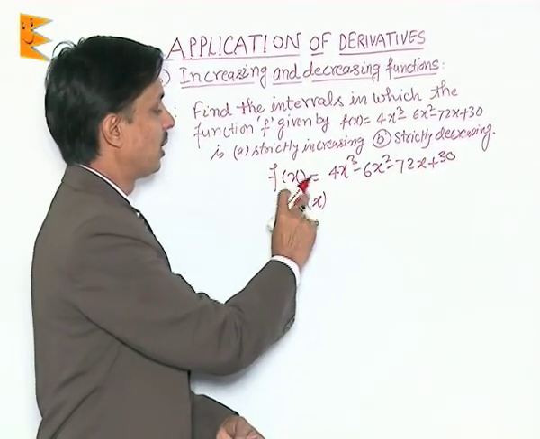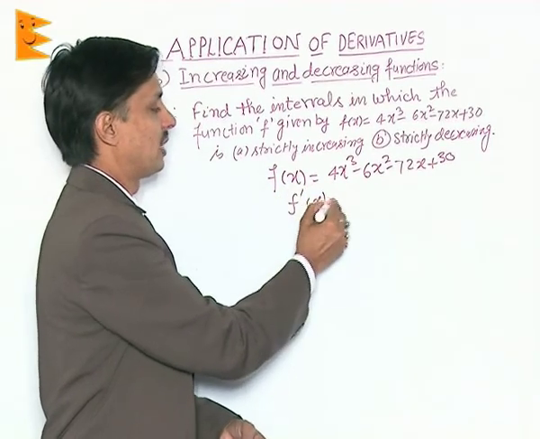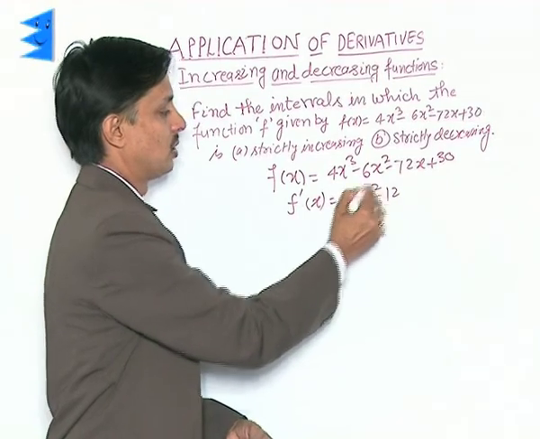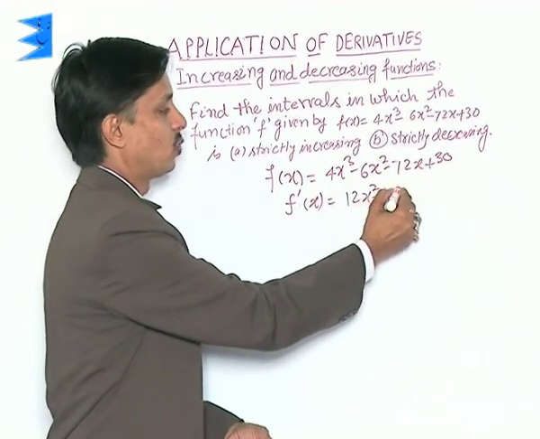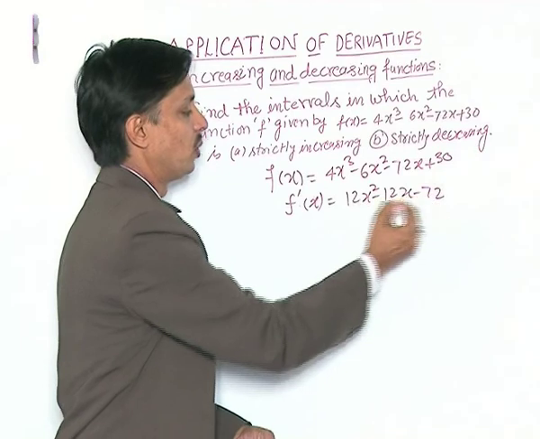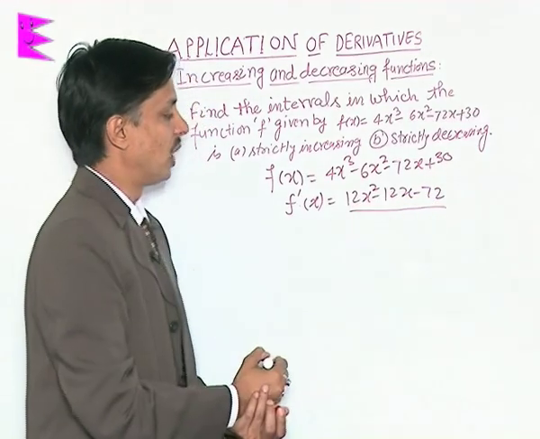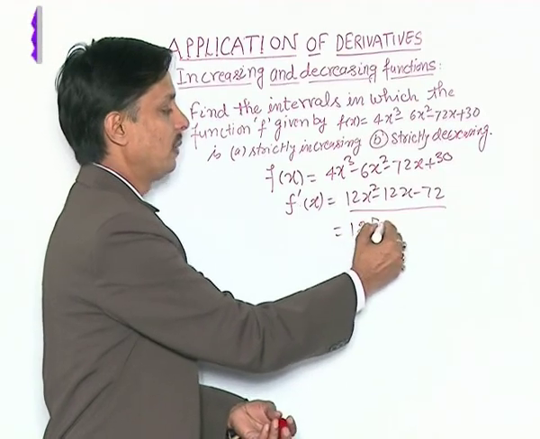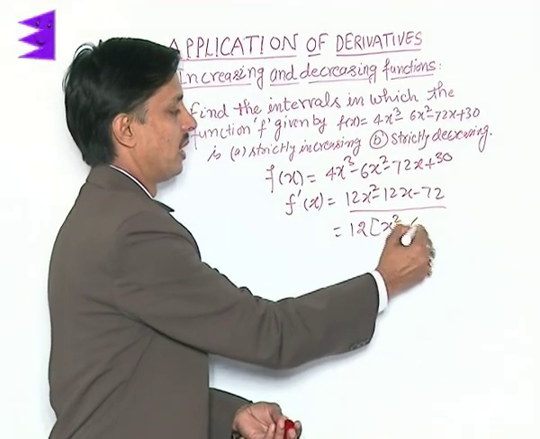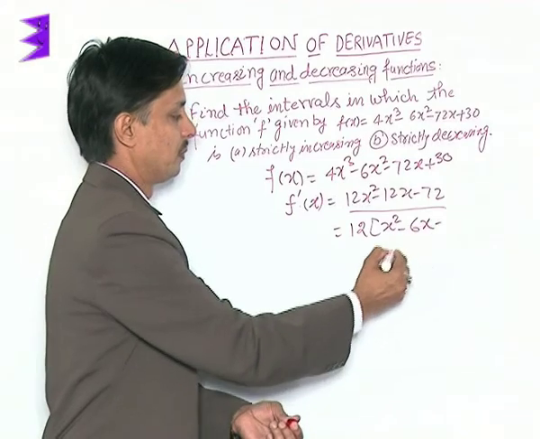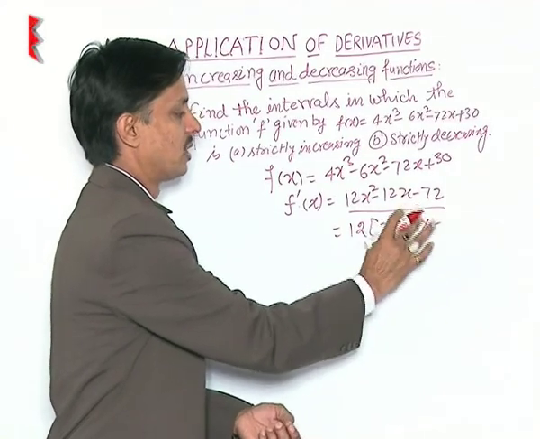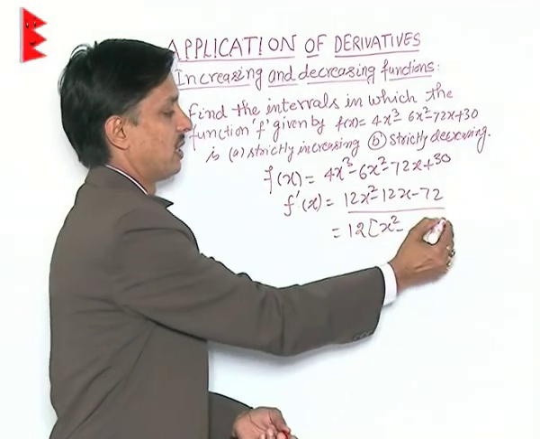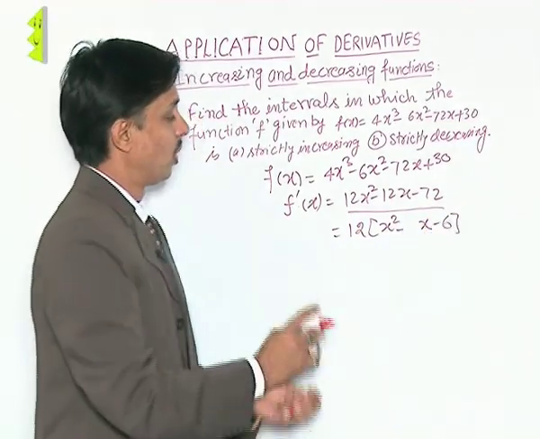Either for strictly increasing or decreasing, we take f'(x), that is 12x^2 - 12x - 72 + 0. This is the value of f'(x). It can also be written as 12 common, x^2 - x - 6.